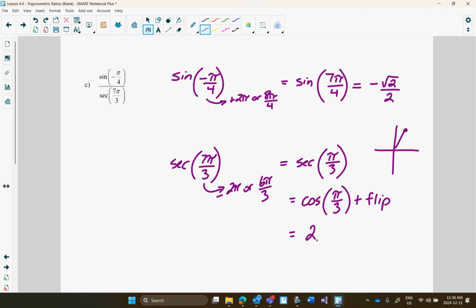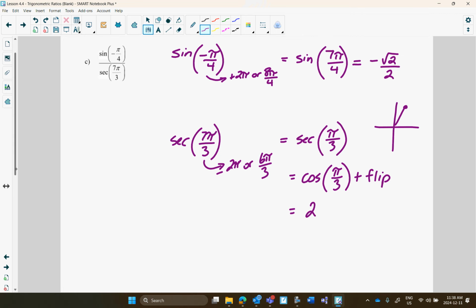So now we divide the 2. Negative root 2 over 2, divided by 2 or 2 over 1, is the same as negative root 2 over 2 times 1/2, which is negative root 2 over 4.